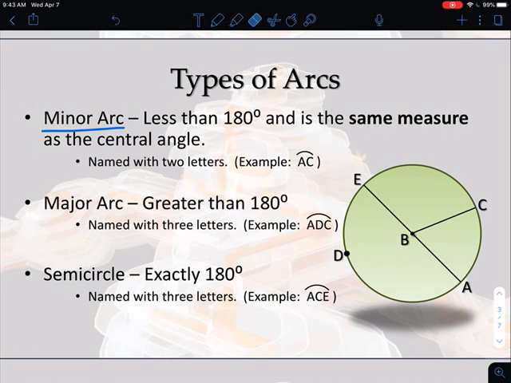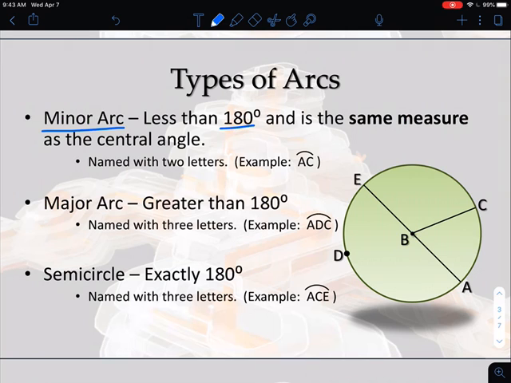But I know that half of the circle, so only halfway from E around to A, would be half of the 360, or 180 total degrees. And so a minor arc is any arc that's less than half the circle. It's less than 180 degrees. So that's what we base it on. If I have the arc measure and it's less than 180, then I know it's a minor arc. Or if I look at the picture and I see it goes less than halfway around, I know it's a minor arc.